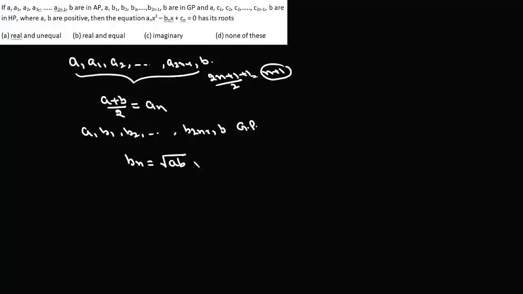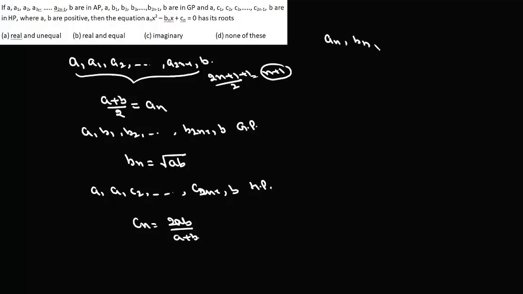So Bn is equal to under root AB, and in the same way A, C1, C2, C2n minus 1, B are in HP, then their middle term Cn will be 2AB upon (A plus B). Now we know that An, Bn, Cn are themselves in GP. So basically we'll have Bn square equals An into Cn.